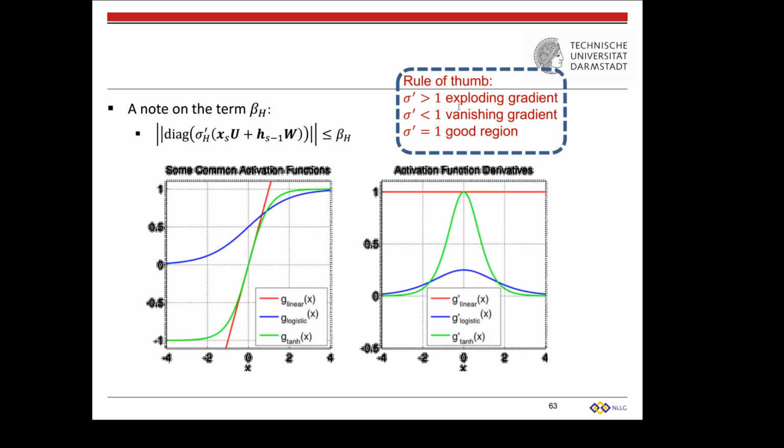So in total we have 3 regions of different quality. Region 1 is when the derivative is very small, then we have vanishing gradients, right? That's what we already talked about. If sigma prime is very small, we get a small upper bound, which is smaller than 1, and the gradients vanish. If sigma prime is bigger than 1, we have exploding gradients because we have, like, 1.2 to the power of something, that explodes. If it's exactly 1, then we're in the good region. 1 to the power of 90 is still 1, right?